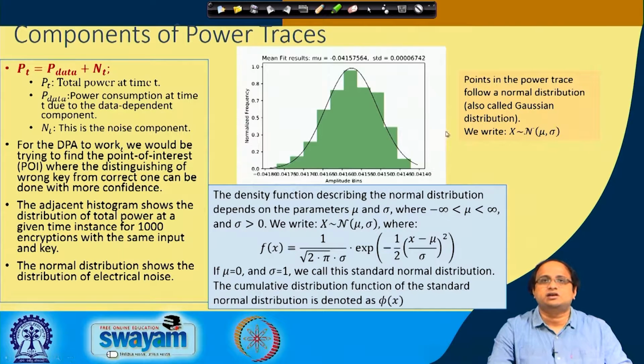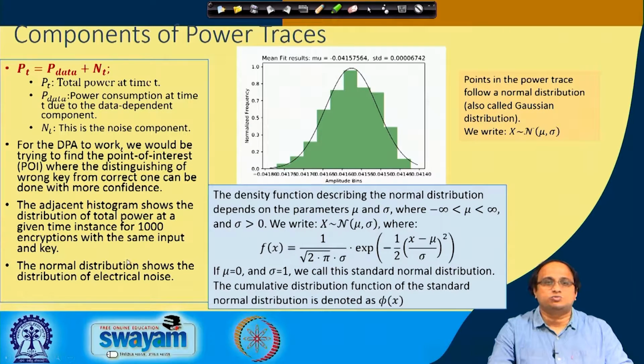For example, here we plot the power trace at a specific instant of time. This adjacent histogram shows the distribution of total power at a given instance of time for say 1000 encryptions with the same input and key.